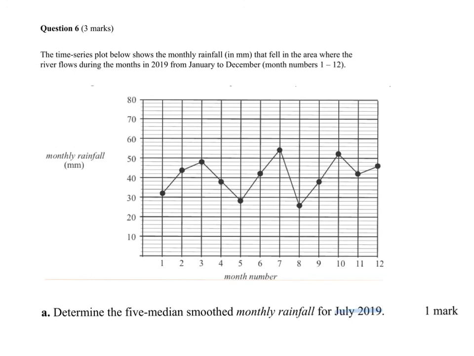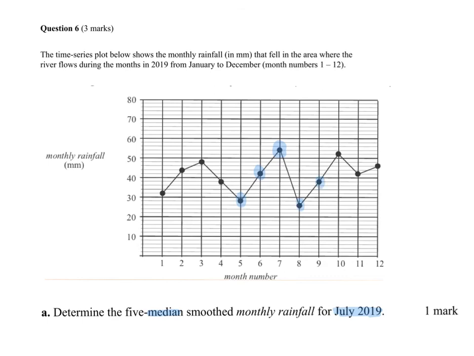When we do median, we do it on the graph, which makes sense because they've given us the graph. Remember, July is the 7th month, and if we're doing 5, we want 5 dots, so 2 below it and 2 after it.